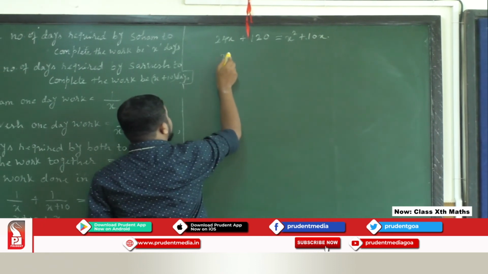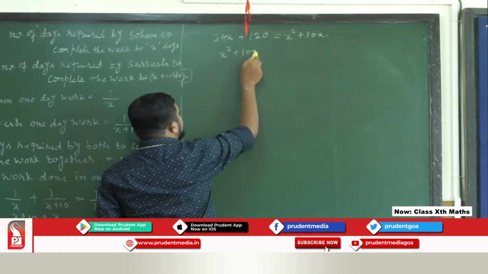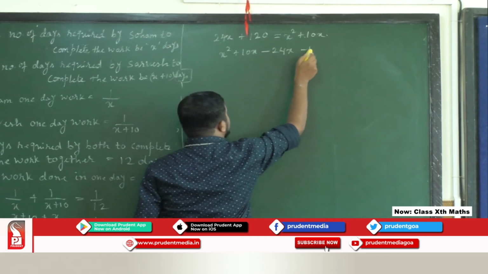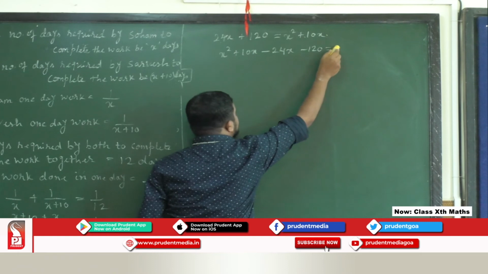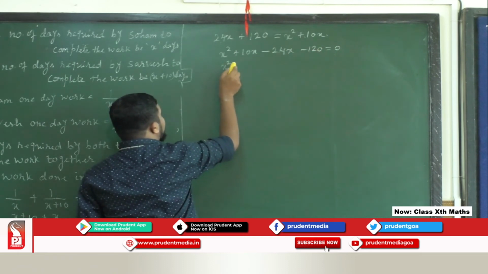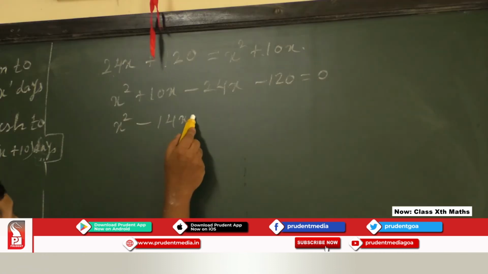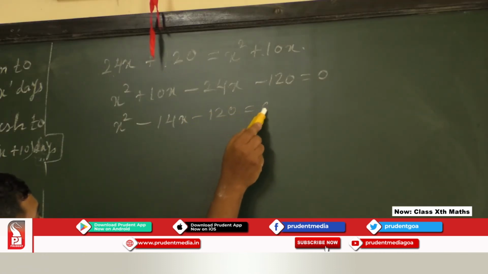So x square plus 10x, take this on the other side: minus 24x minus 120 equal to 0. So x square, 10 minus 24 is minus 14x, minus 120 equal to 0.